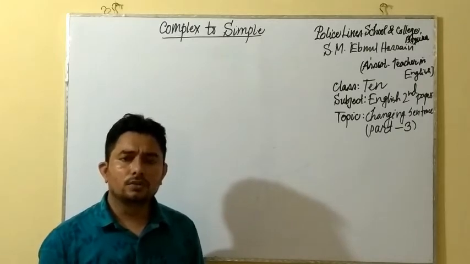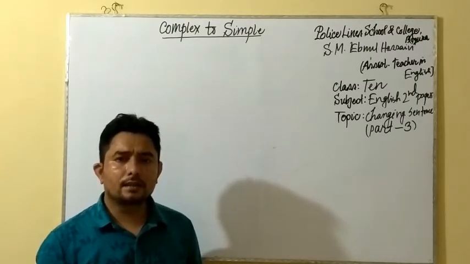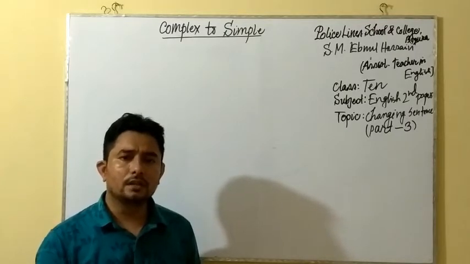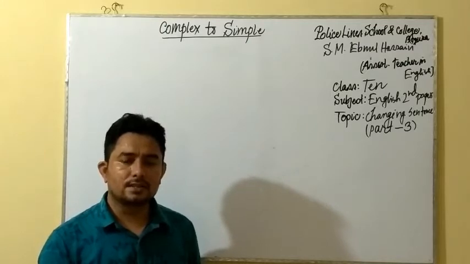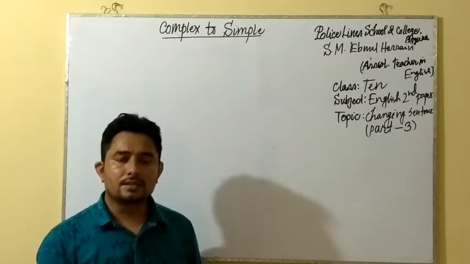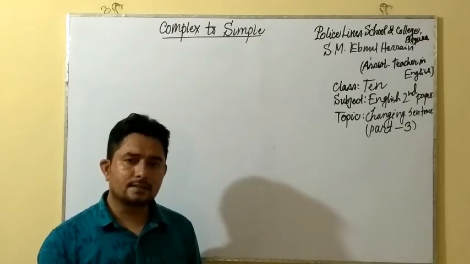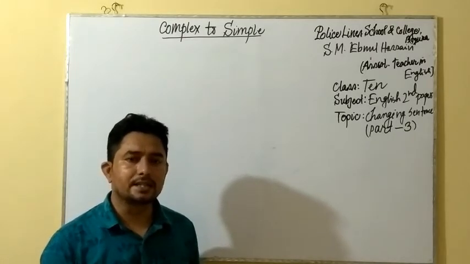And you know that by practicing these rules again and again, you will be hugely benefited in changing sentences, because in the transformation of sentences, there are 10 sentences set in this item.